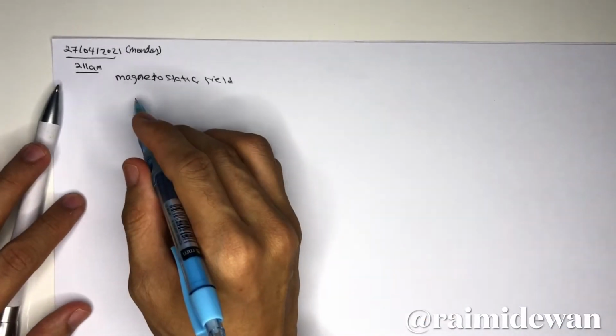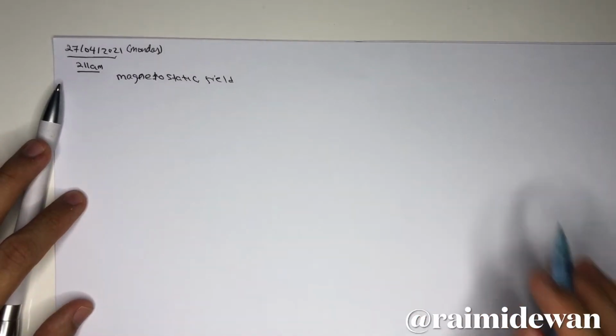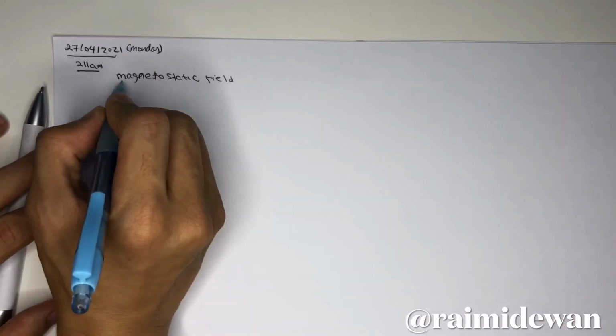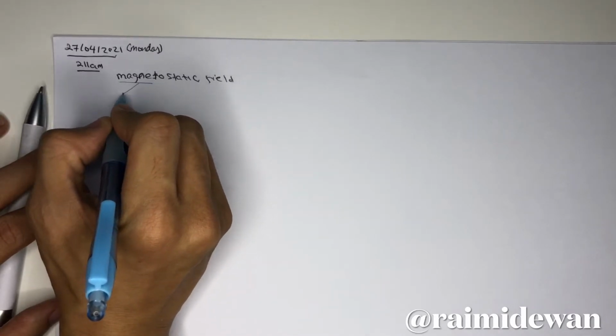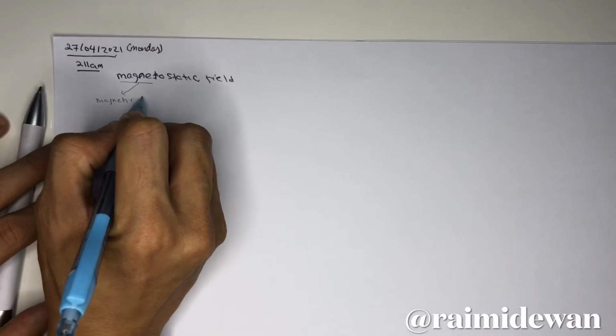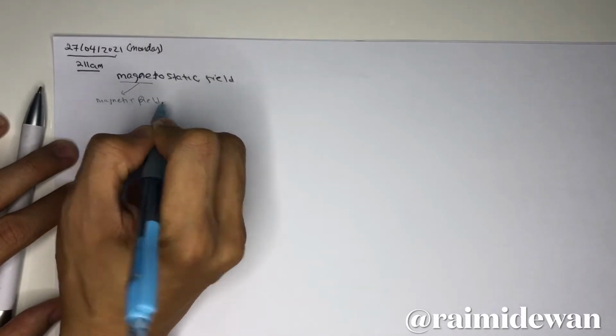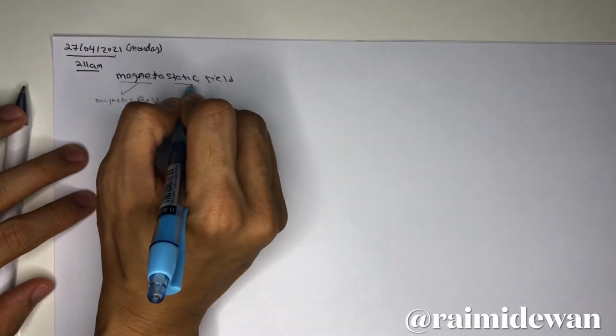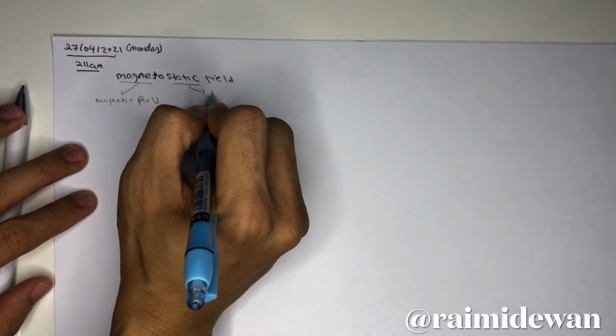Just like electrostatic, what we understand from the words magneto and static: magneto means we only discuss the magnetic field only. And for the static field, it means that it is independent of time.